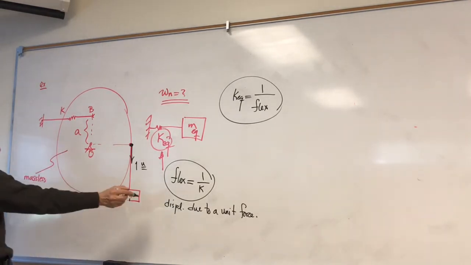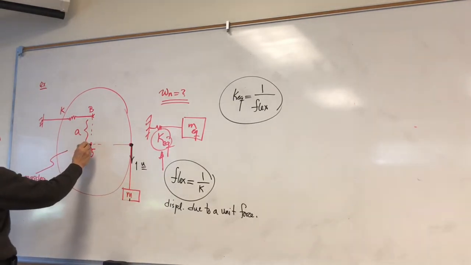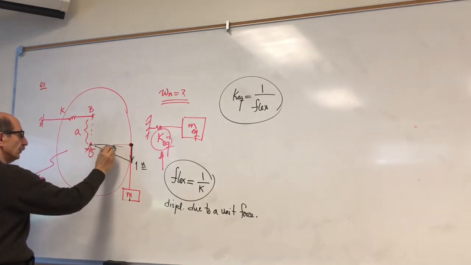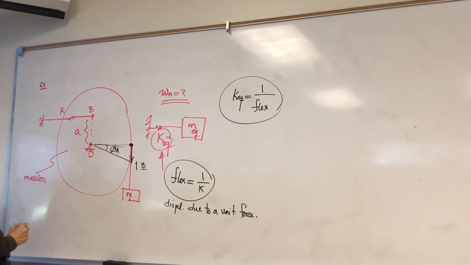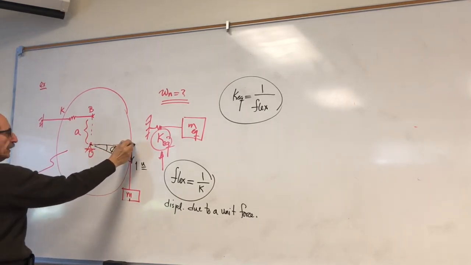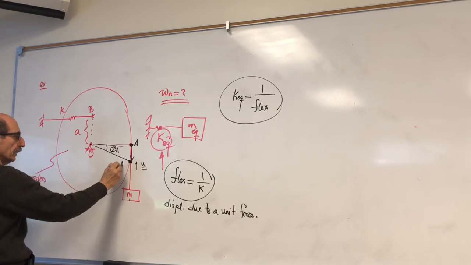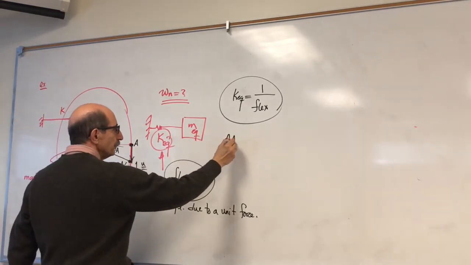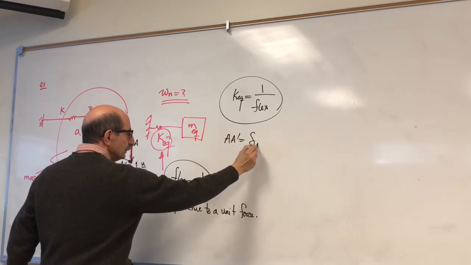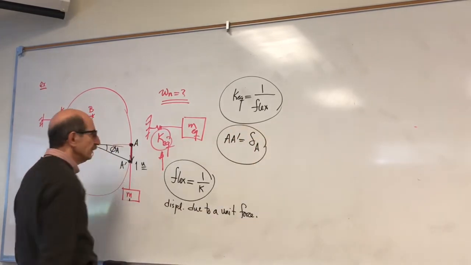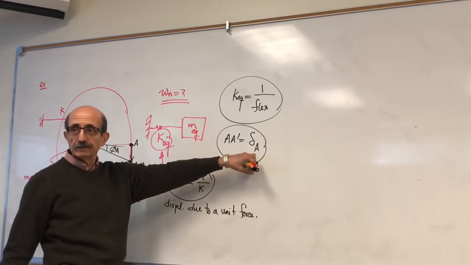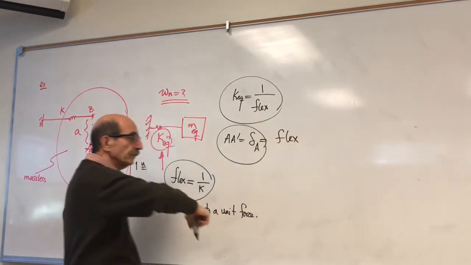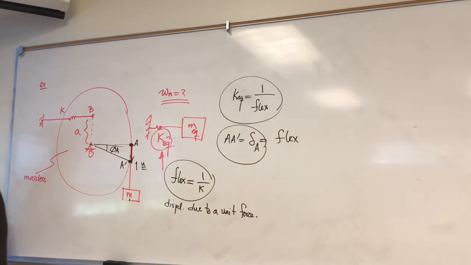So as a result of this, let's say this disk is going to rotate. Let's call that angle of rotation theta. So this point A goes to point A prime. A prime is delta A. This is the flexibility that I'm trying to measure, because it's a displacement due to the unit force.